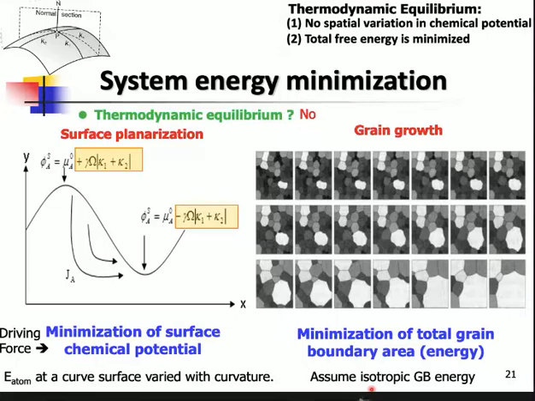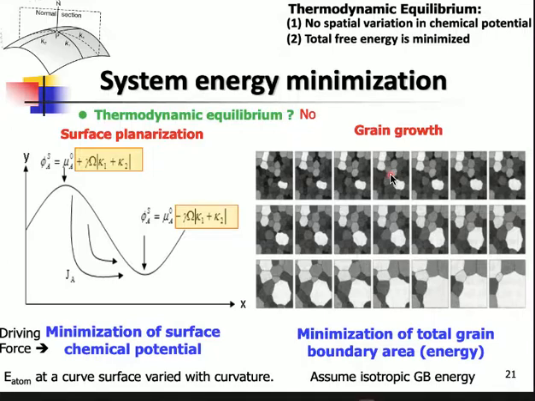And in polycrystalline materials, the total energy is dominated by the grain boundary compared to that in the grain, even if we assume an isotropic grain boundary energy. So during grain growth, the volume of the grain boundary decreases, and that results in a decrease of the total energy of the system.